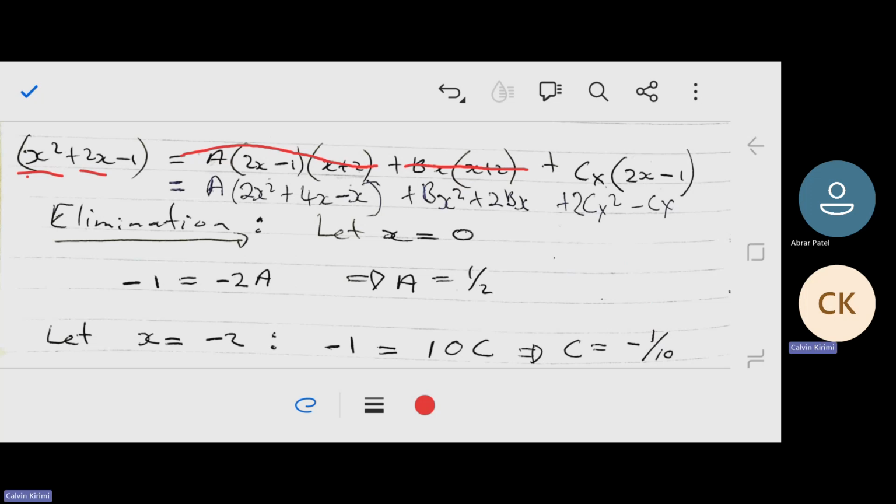So you write your 2cx squared minus cx is equal to x squared plus 2x minus 1. Meaning that you are equating the x squared to the x squared.